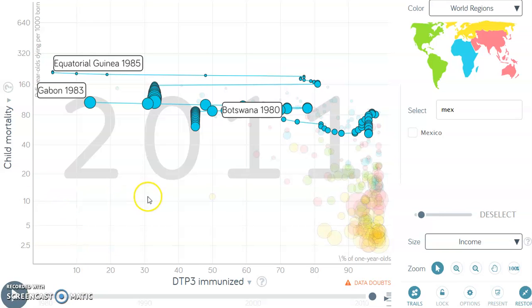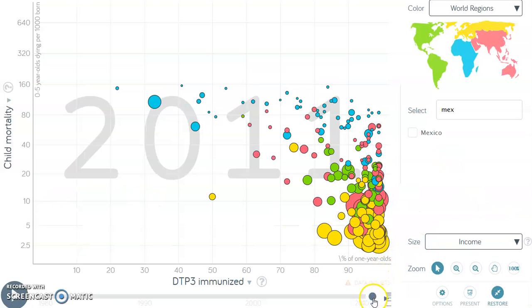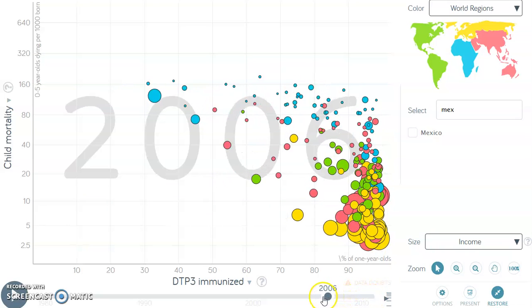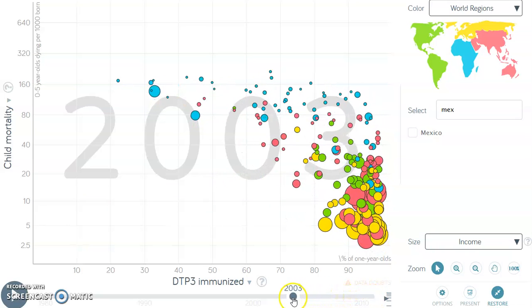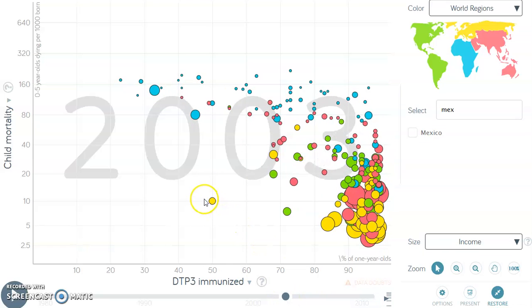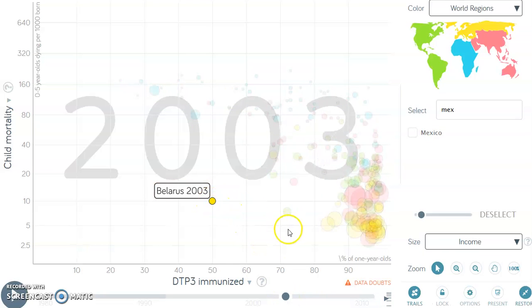Now we can also look at some strange outliers here. If we swing back to 2003, you can look at Belarus and Cuba, which are a long way from each other.